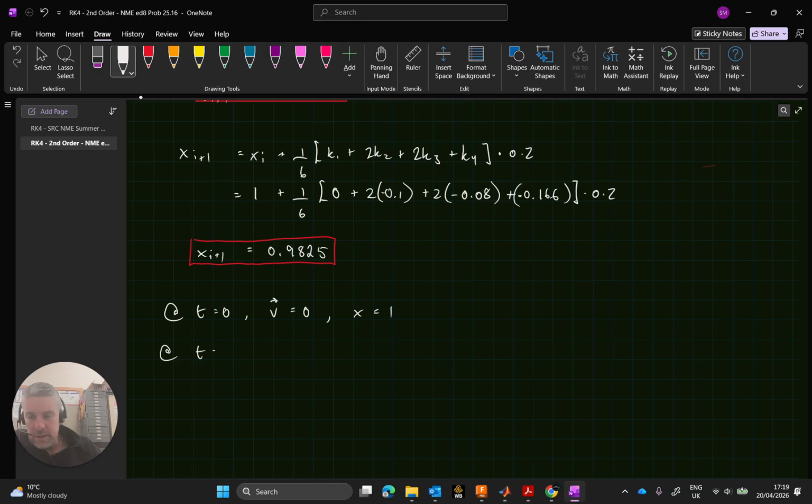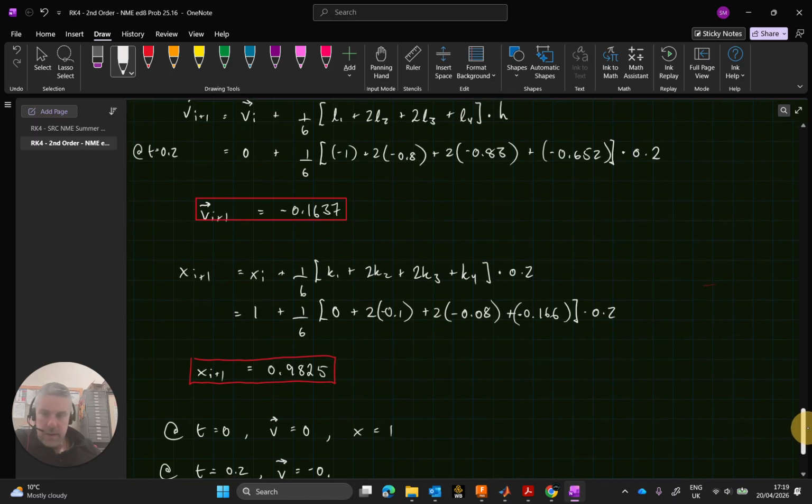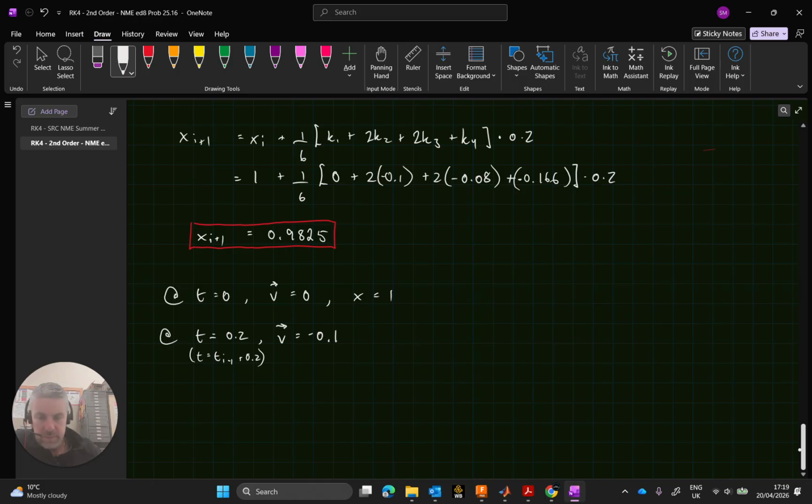At t equal to 0.2, which is t of I minus 1 plus 0.2, my step size, v is equal to minus 0.1637 and x is equal to 0.9825. This is where we are now. So this is now current.